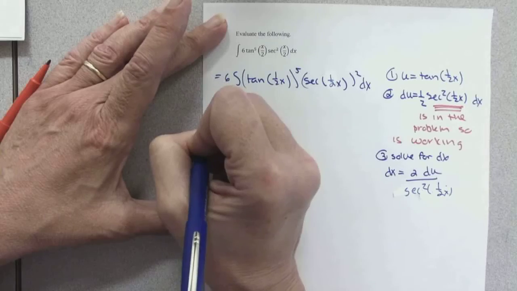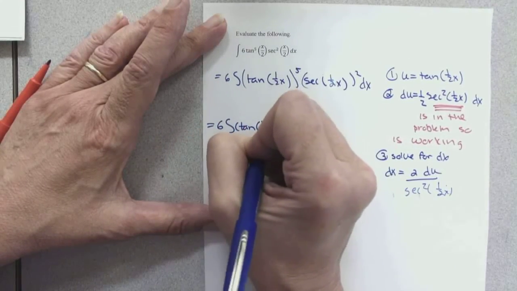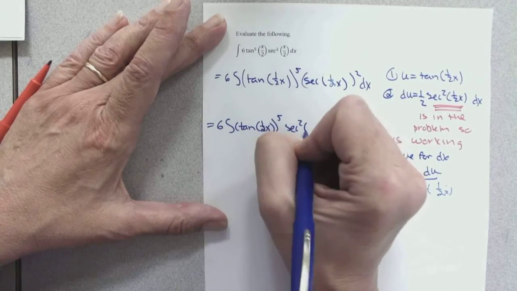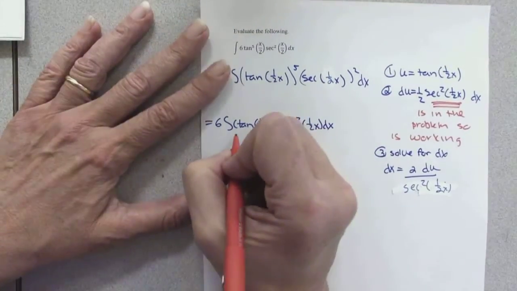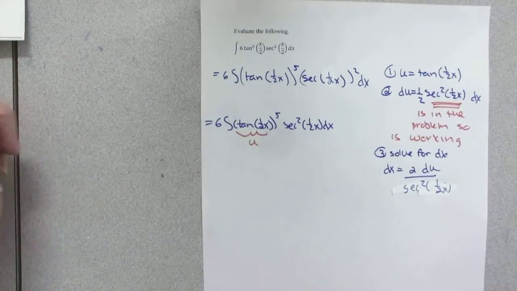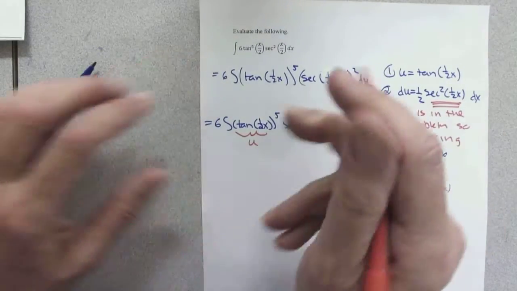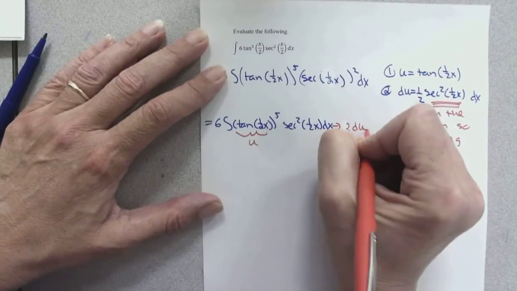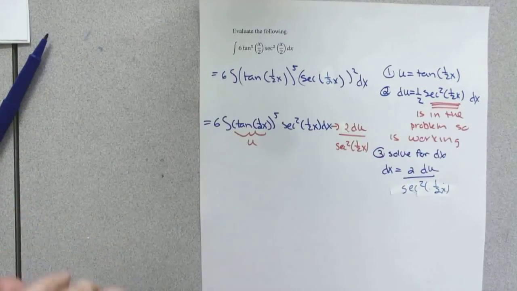So I'm just going to rewrite this again so I have a little more space. I'm going to write this as tangent to the 5th of 1/2 x times secant squared of 1/2 x dx. Then doing my substitution, the tangent to the 5th 1/2 x becomes u to the 5th, and secant squared 1/2 x dx is replaced by 2 du over secant squared 1/2 x.